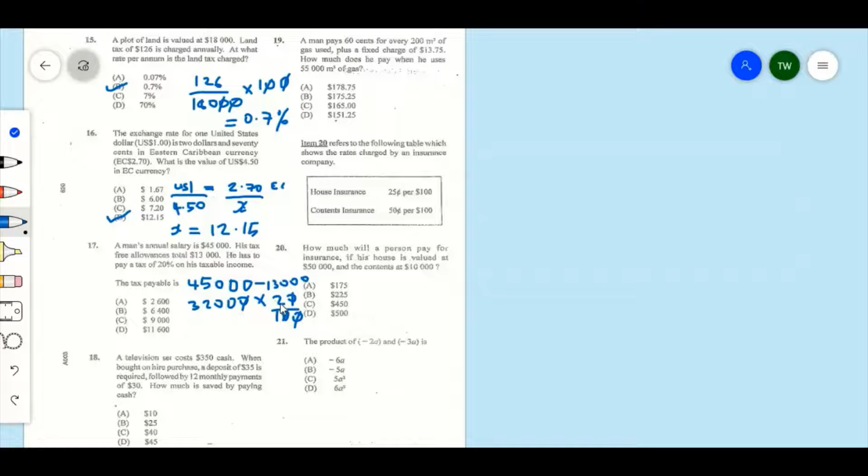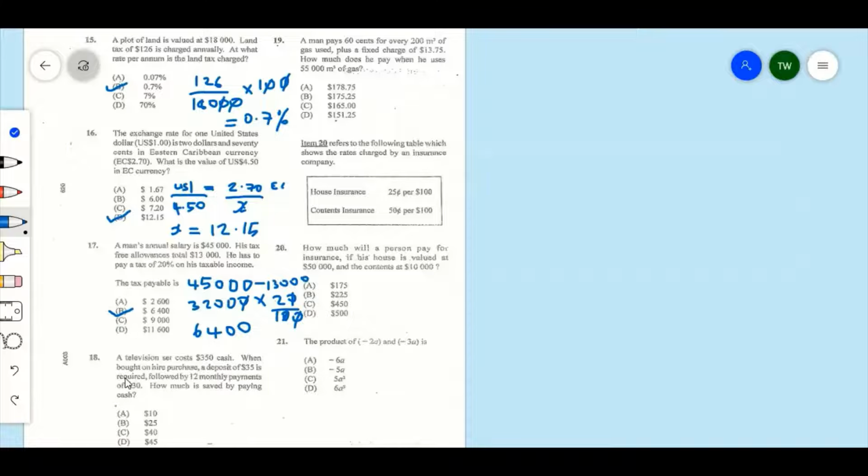So what we're left with is 2 times 3,200, and 2 times 3,200 is going to give us 6,400. So the tax payable is 6,400, and that option is going to be B.